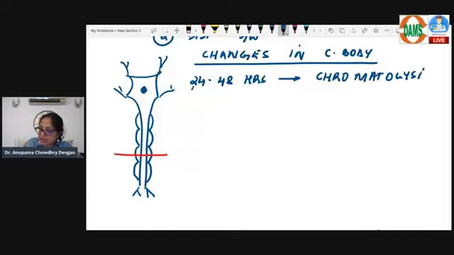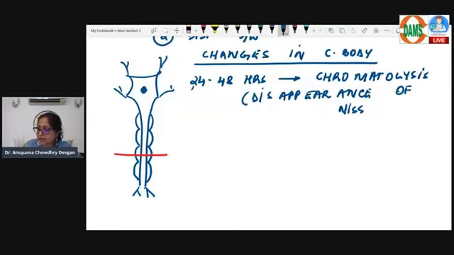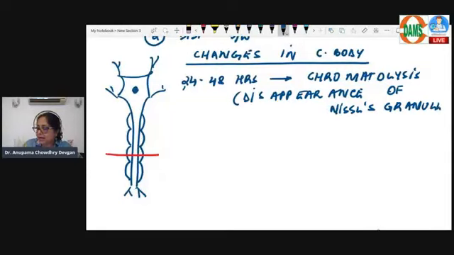There is a disappearance of the Nissl's granules. What are Nissl's granules? Nissl's granules are nothing but ribosomes and the mRNA. So there is disappearance of the Nissl's granules, which is known as chromatolysis.